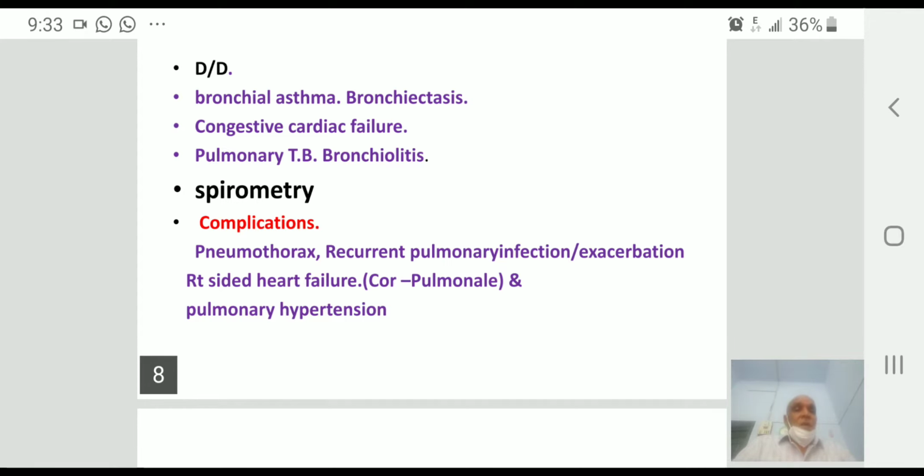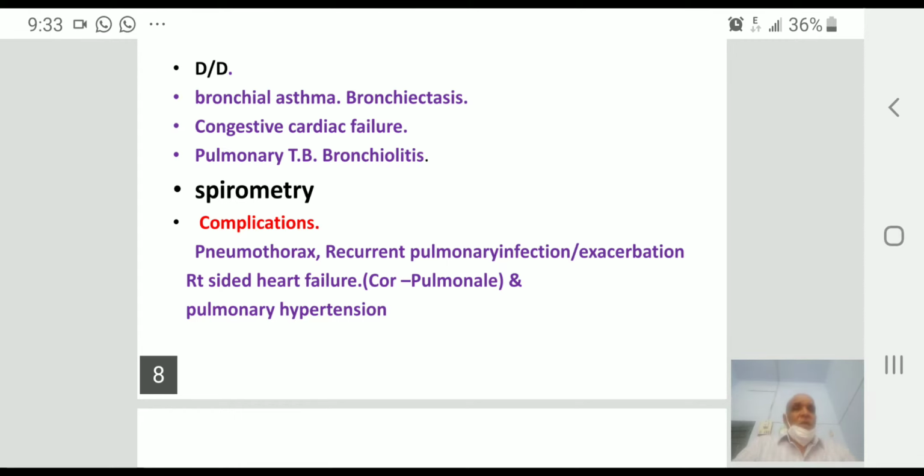Now the complications of COPD. There is a chance of bullae formation. Bullae may rupture into the pleural space and lead to pneumothorax. Recurrent lung infection means exacerbation. Ultimately it leads to pulmonary hypertension. Pulmonary hypertension causes right-sided heart failure.